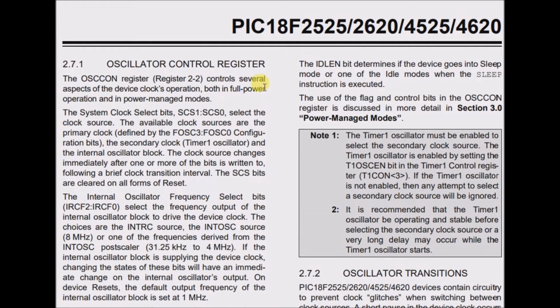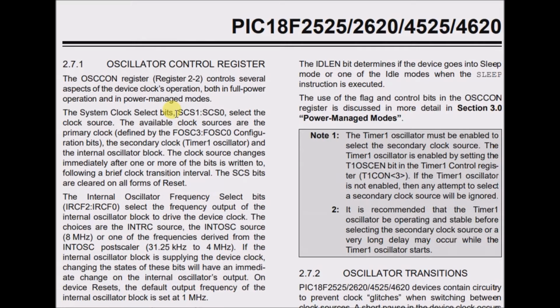Oscillator control register. The OSCCON register 22 controls several aspects of the device clock's operation, both in full power operation and in power managed modes. The system clock select bits SCS1 to SCS0 select the clock source.